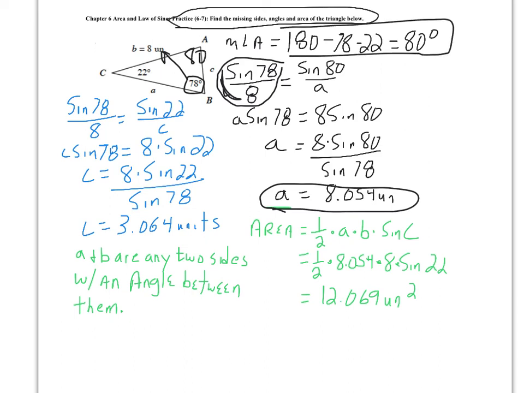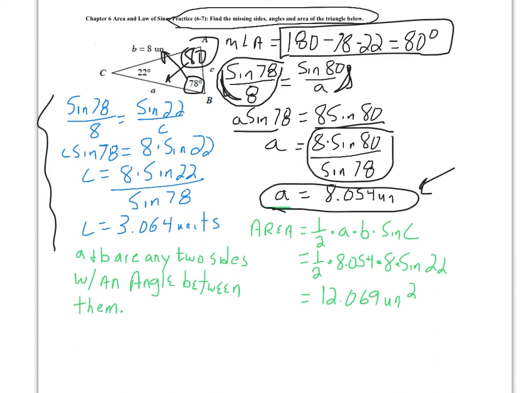Here's the reason why. So then the sine of 80 over its opposite side, A. I got rid of my fractions, ended up with A sine of 78 equaling 8 times the sine of 80. Divide both sides by the sine of 78, and you get a value for A of 8.054.